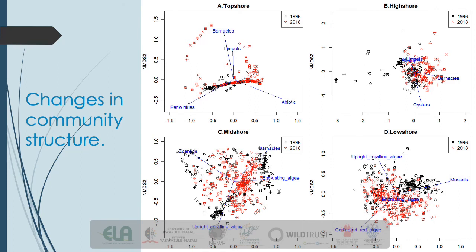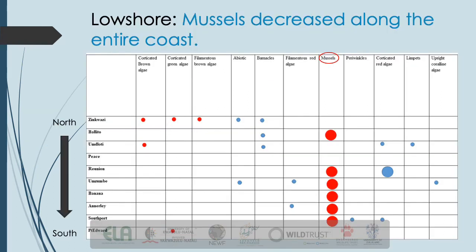You also noticed in the low shore there was a decrease in the mussel biomass, and this also caught our attention because mussels are very important for the livelihood of communities. When we further explored the species contributions by site, we noticed that there was a decrease in mussel numbers along the entire coastline.